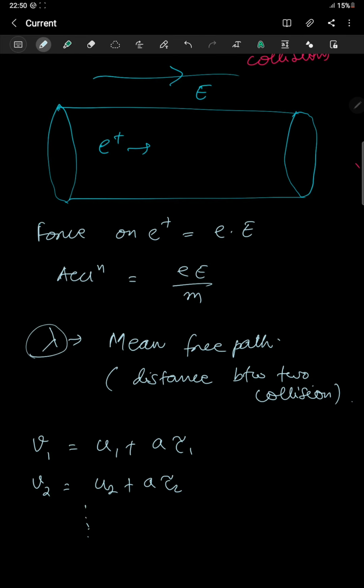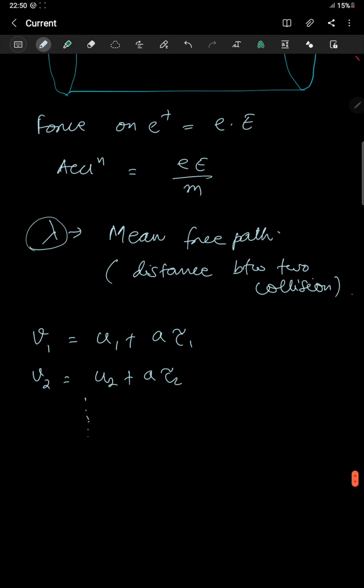If I go on, we have n number of charge carriers, so vn will be un plus a tau n. Now remember that your initial velocity will be 0, because initially the electrons, when they start, are at rest. So u is going to be 0.